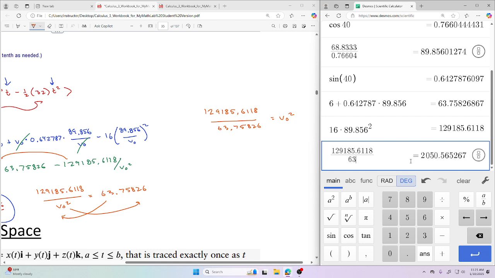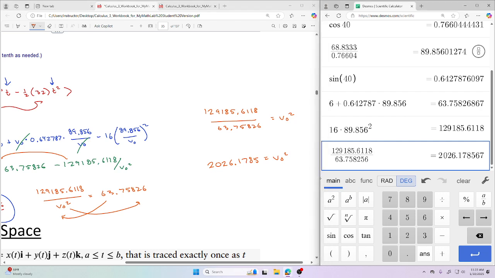9185.611. Lots of decimals. Would you have avoided all those decimals? Some of them maybe, but they wouldn't be as precise.